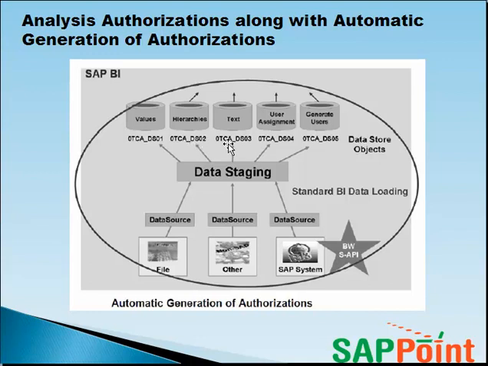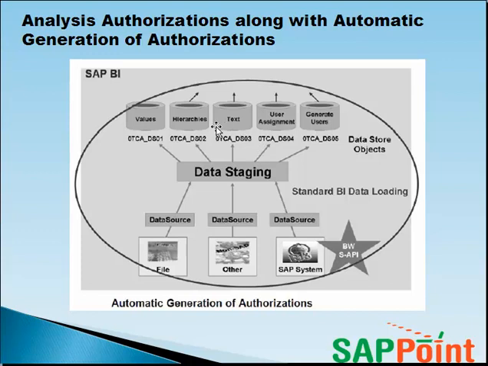DS03 contains, for example, descriptive text of authorizations. DS04 contains the user assignment of authorizations. And then DS05 contains the generated users for authorizations.